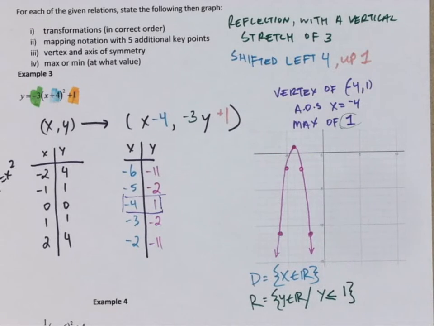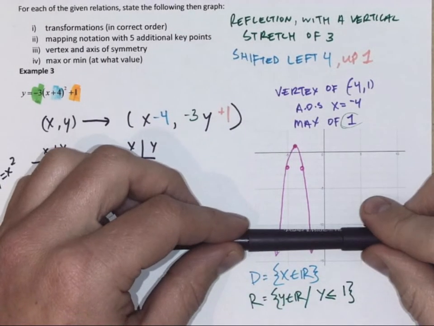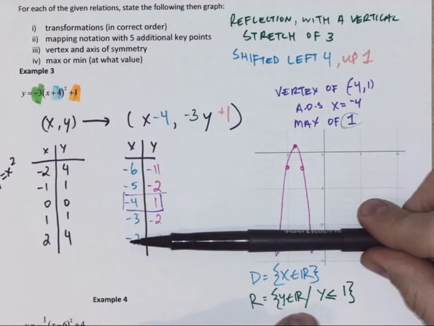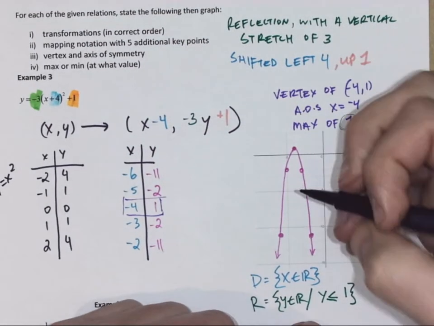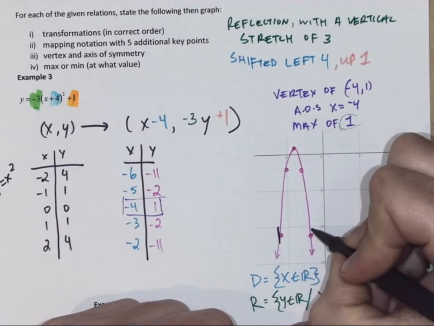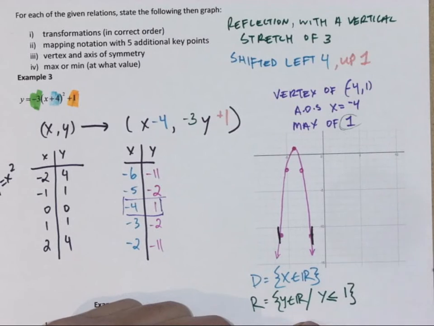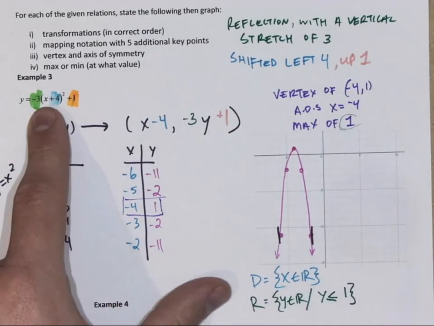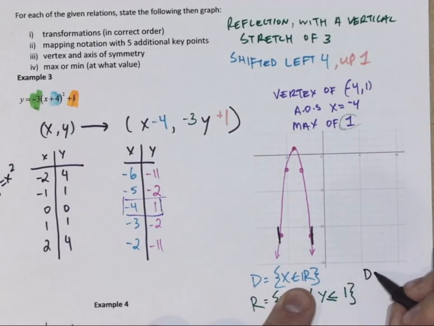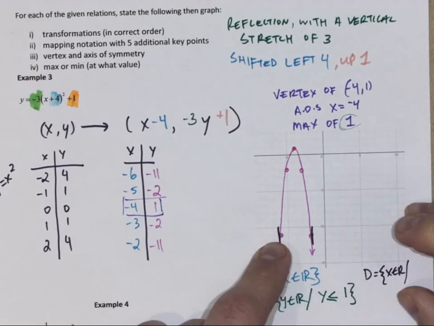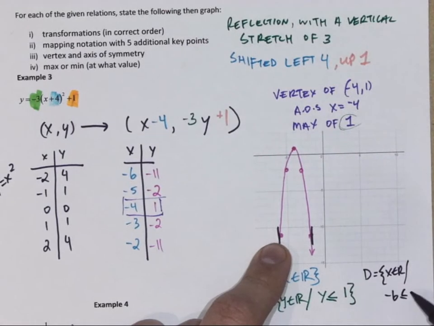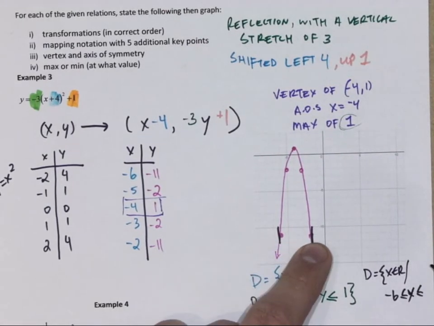Now, the way I can manipulate this, if I only wanted to care about the part of the graph that, say, goes to here, I can now change the range or the corresponding domain. So if I wanted to only look at from there to there, when I write this down, I'm only going to include the numbers such that negative 6 is less than or equal to x is less than or equal to negative 2.